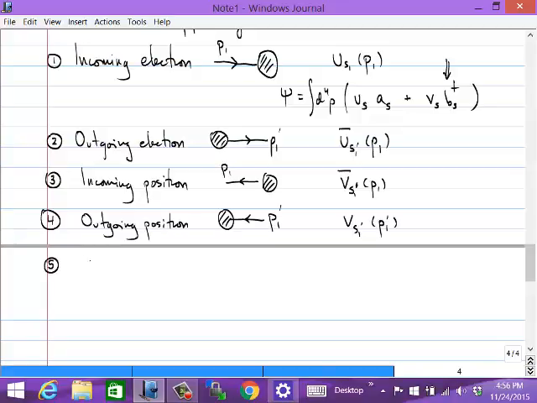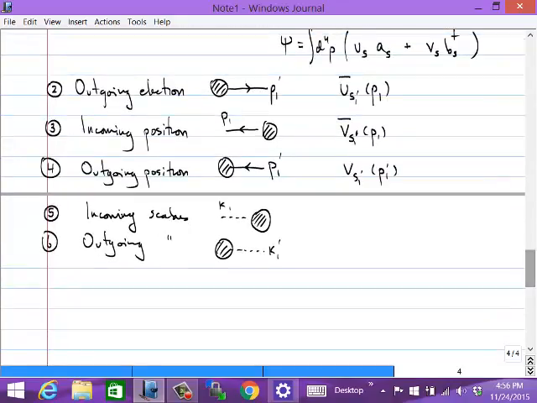You also, of course, have some incoming scalars. An incoming scalar would be denoted with a line on the right. An outgoing scalar is denoted by a line on the left. And of course, these would be labeled by their momentum as well.